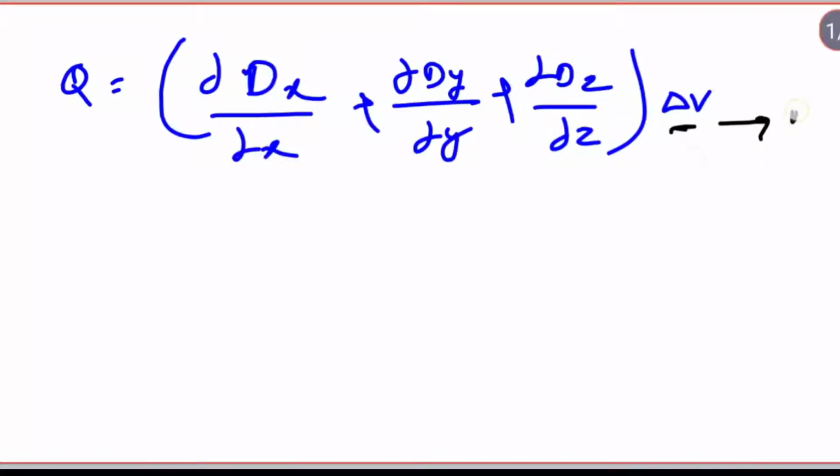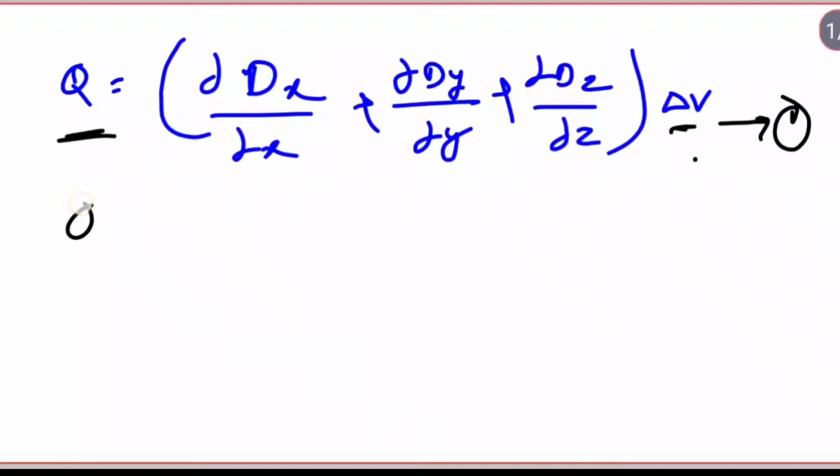To obtain divergence, we have to take delta V tends to 0. Limit delta V tends to 0, if you apply it for a small portion, for a small volume, we can get divergence. This is the charge enclosed in a small element, differential volume delta V. This is the total charge.